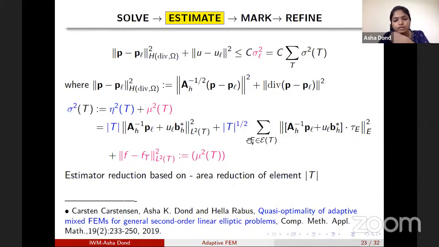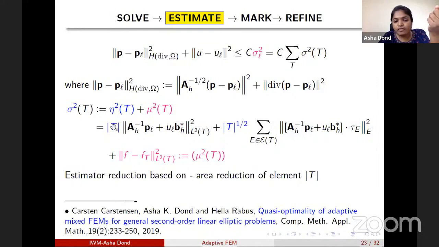So as we reduce the mesh size, this estimator will reduce. But if you see the last term, f minus f_h, it does not have the coefficient h. So it is not guaranteed that if you refine your mesh, this estimator will also reduce. And our whole analysis depends on the reduction of the estimator.